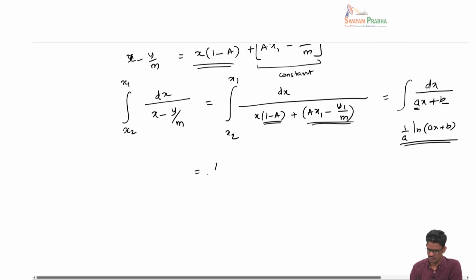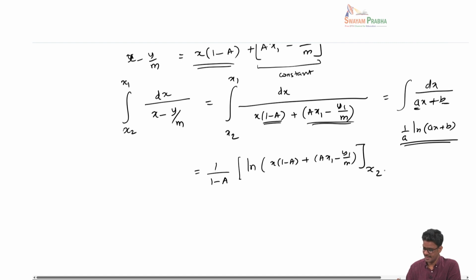So you will get 1 by 1 minus A ln of x times 1 minus A plus Ax1 minus y1 by m, calculated at the limits x2 and x1.